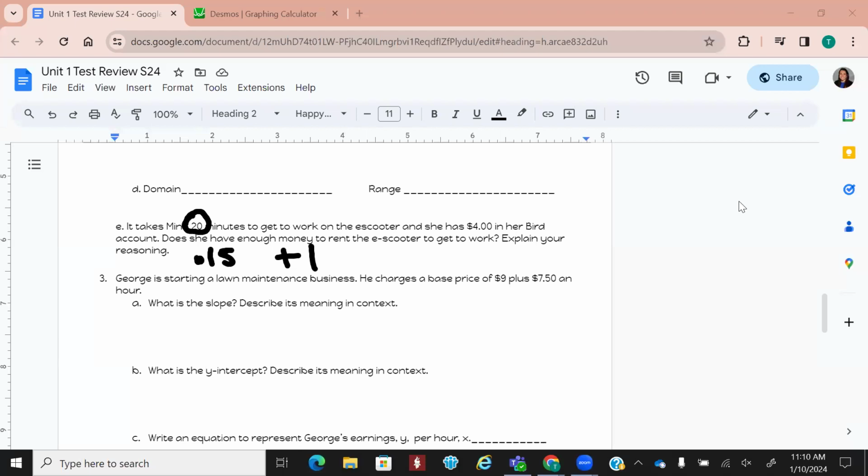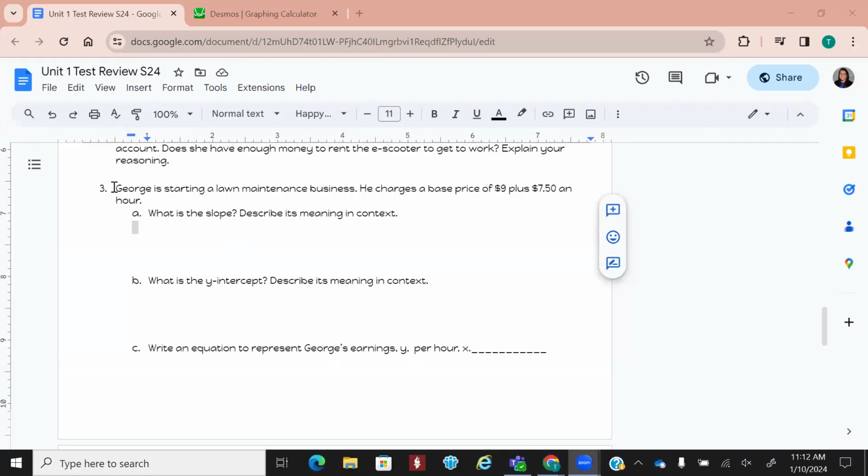Can somebody type this into their calculator and tell me what you get? You get 4. Does she have enough money in her account in order to drive? Yes, she has enough, because 4 equals 4.